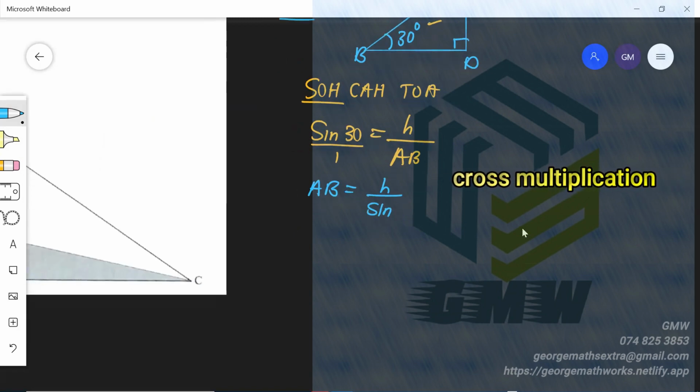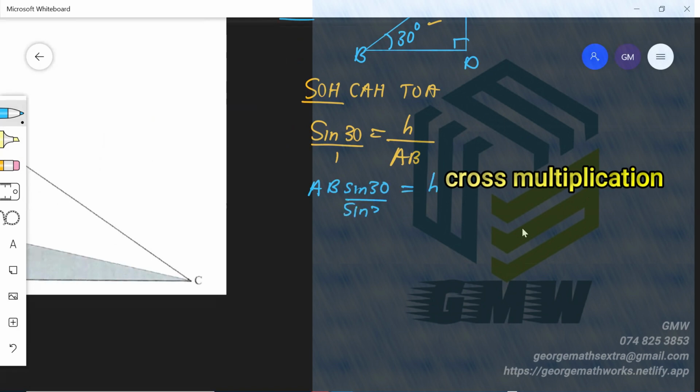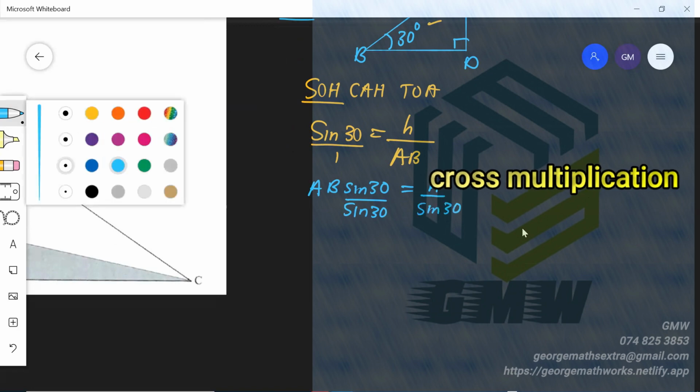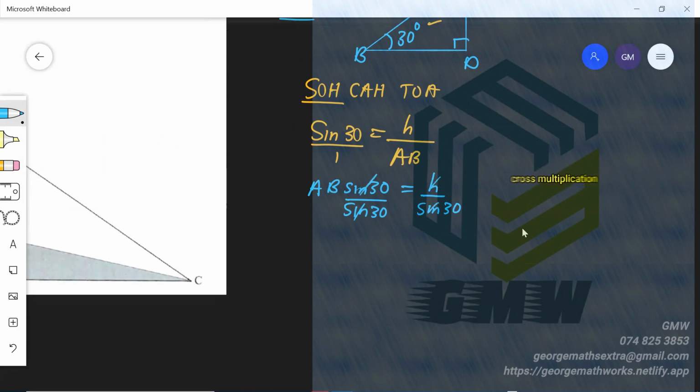Wait a minute. AB will multiply sine 30 equals h. Then I can divide both sides by sine 30. Agreed now? So sine 30 and sine 30 will cancel.